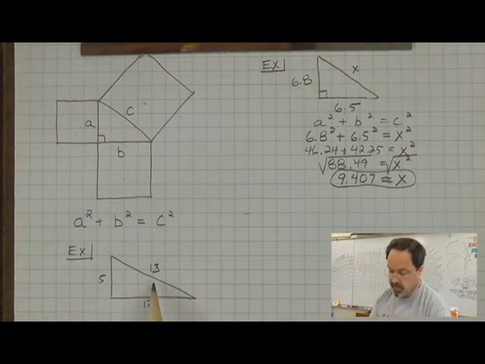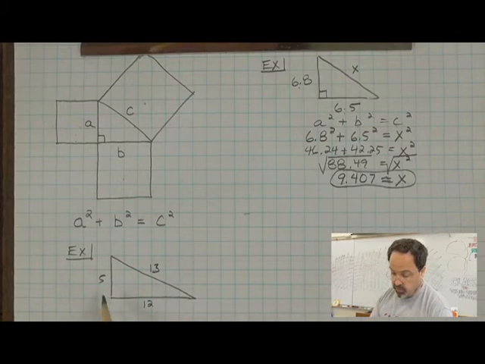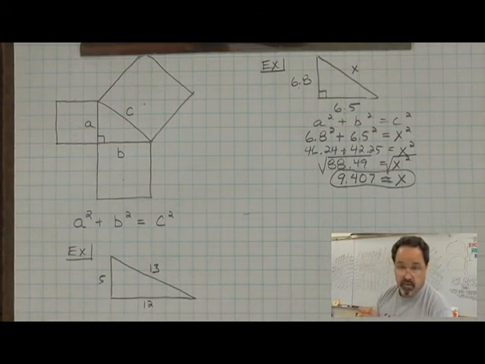Notice that I don't have a right angle symbol in this triangle. I have its 3 side measures, but I don't know yet if this is a right triangle or not. In fact, I should call 5 and 12 labeling sides. I shouldn't call them legs or 13 the hypotenuse until I'm sure that this is a right triangle.